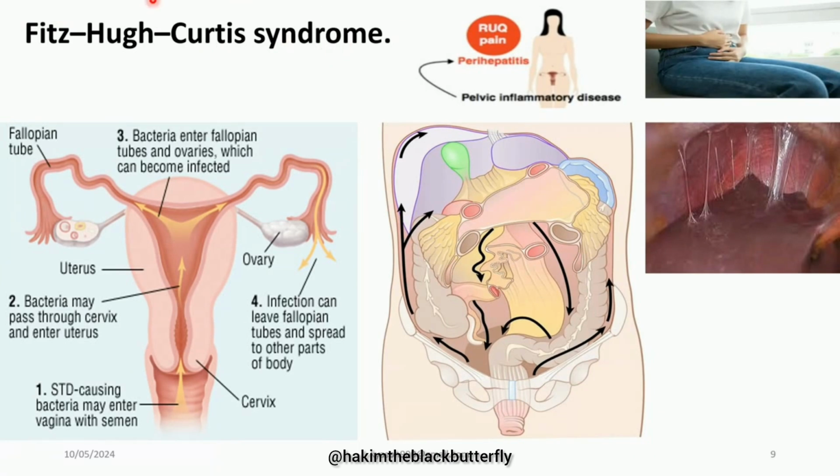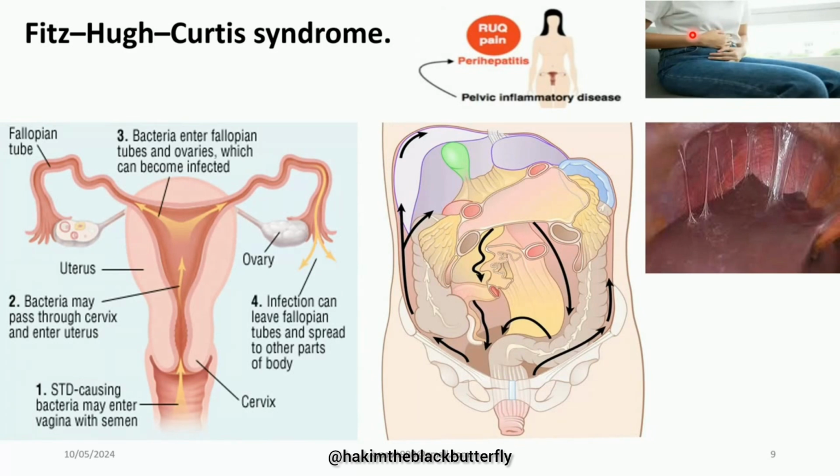It's a major complication seen in some ladies that have PIDs or pelvic inflammatory diseases. They will tend to feel pain in the right upper quadrant, and that will be a signal that these infections are not only in the pelvic cavity, but are also spreading into the structures of the abdomen.